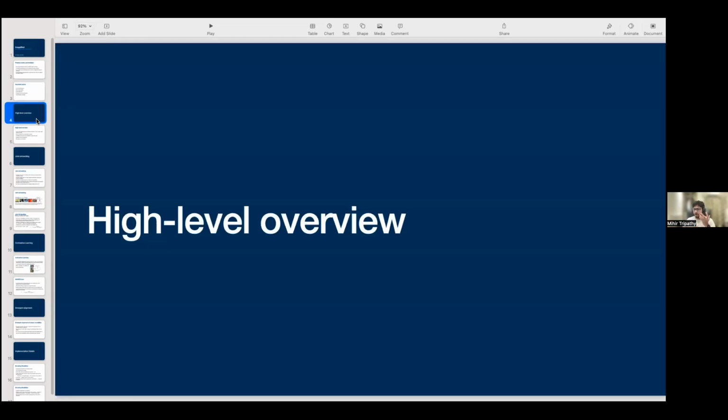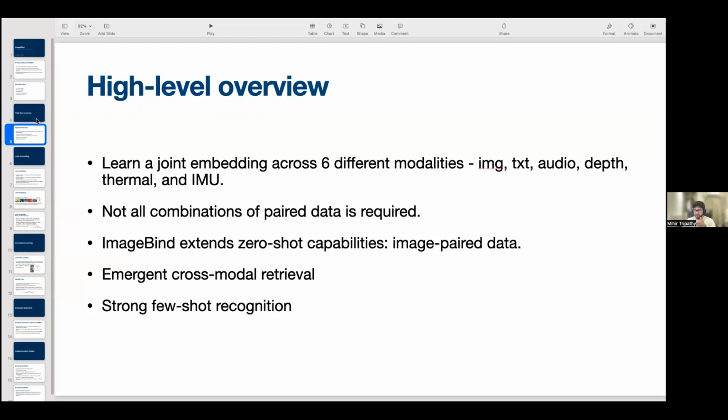So just to give you a high-level overview of what the paper describes: given six different modalities, image, text, audio, depth, thermal, and IMU, all six modalities are paired with each other without using data sets which have all six modalities.